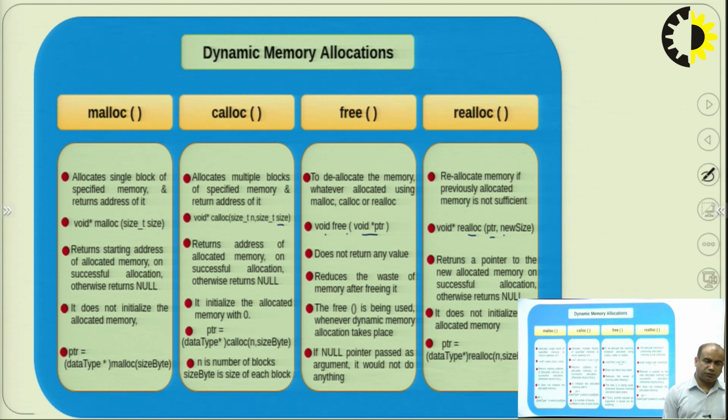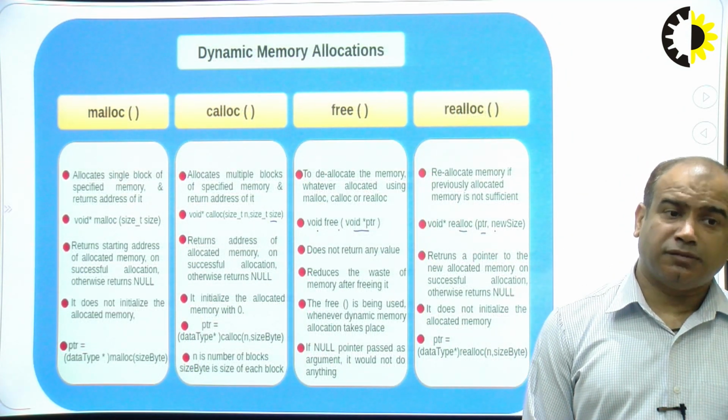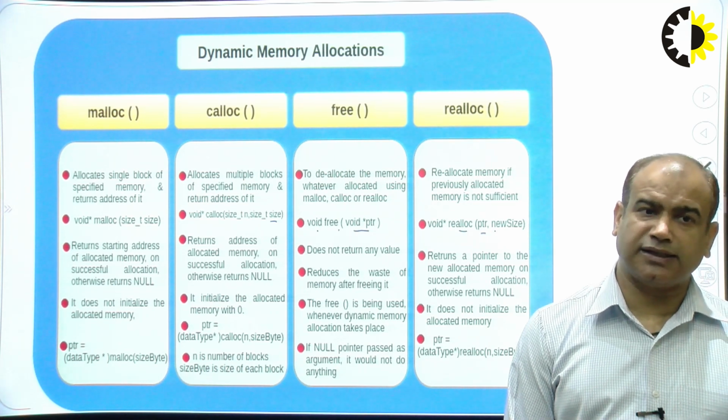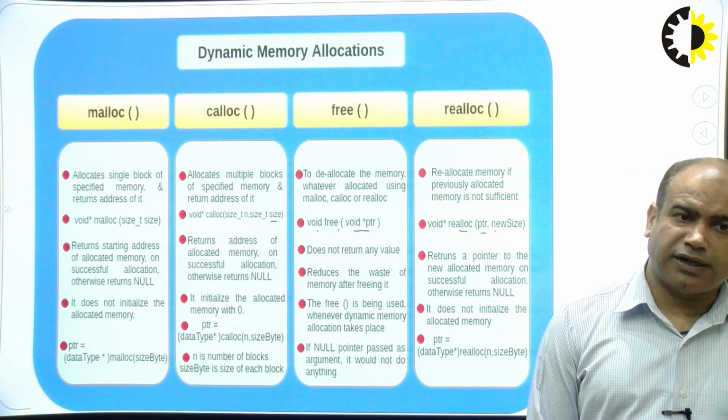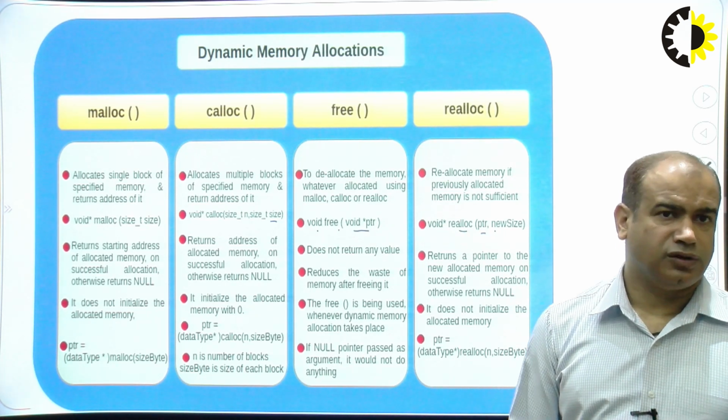The last point: for malloc we use ptr equal to (data type *) malloc(size in bytes), while for calloc, n is the number of blocks and size is the size of each block. In free, if a null pointer is passed as an argument, it does not do anything, while realloc is ptr equal to (data type *) realloc(ptr, n * size in bytes). Thank you very much.